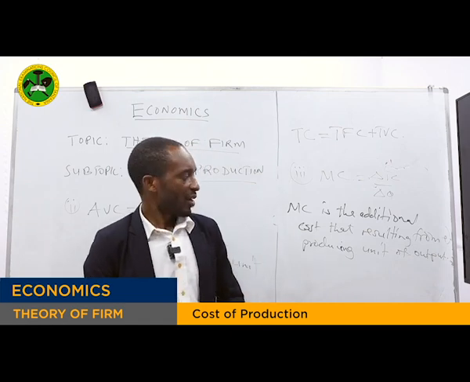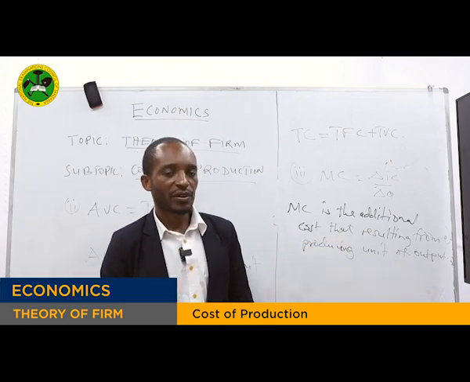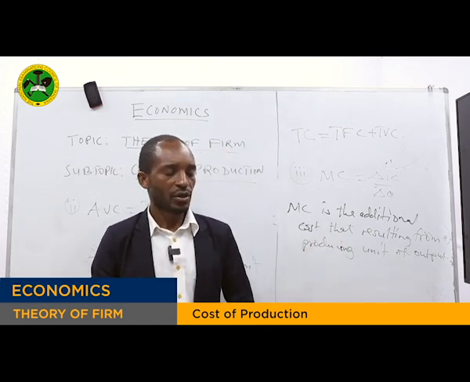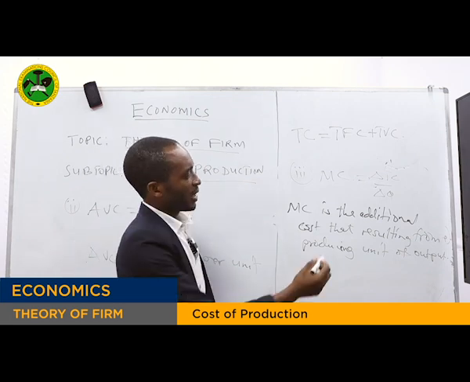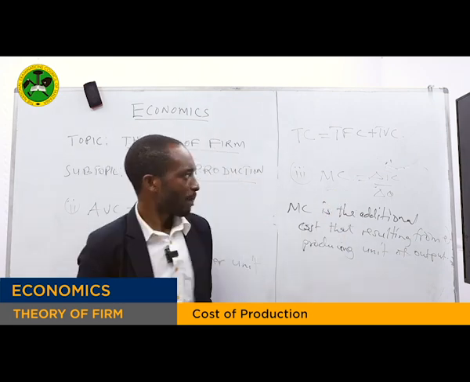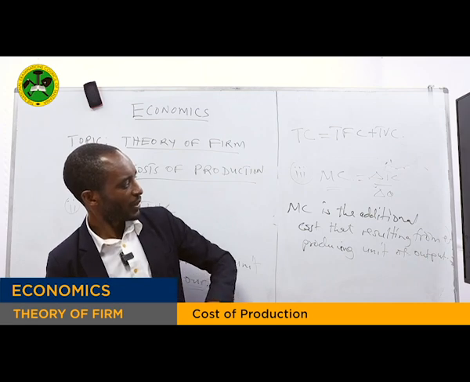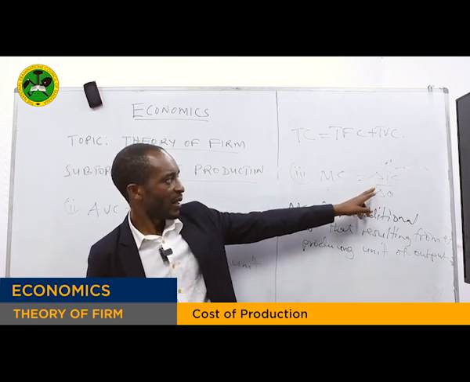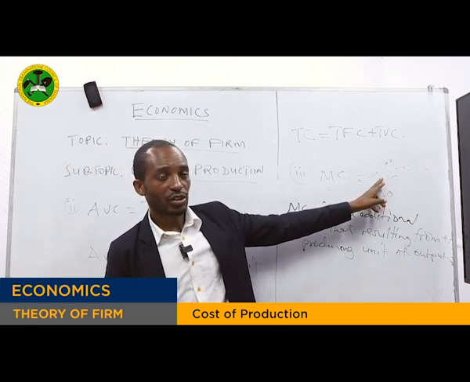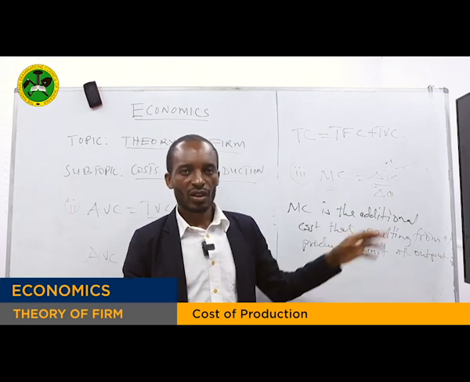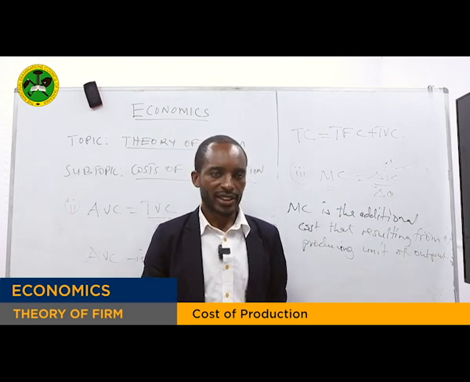So it's the extra or additional cost resulting from producing a unit of output. That we call marginal cost. So we obtain this marginal cost by taking change in total cost over change in total quantity.